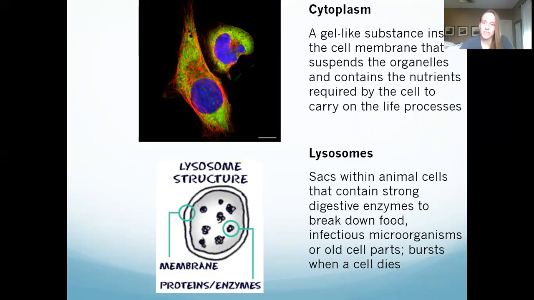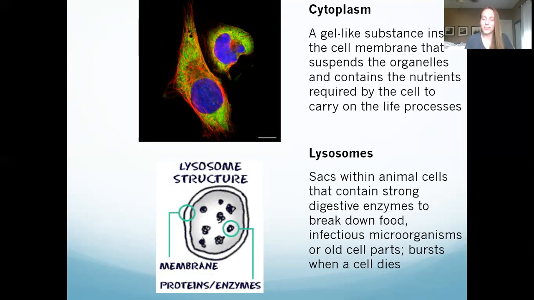That usually happens if the cell is infected or if it has had a mutation that can be cancerous, stuff like that. What'll happen is the cell will detect that it's infected or something like that, and it will burst its lysosomes and digest itself from the inside out, essentially killing itself.